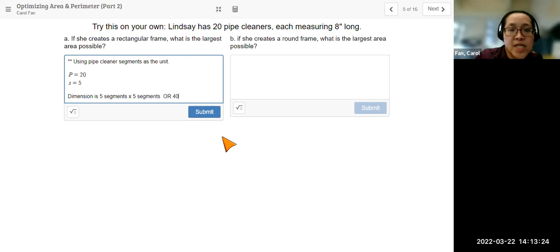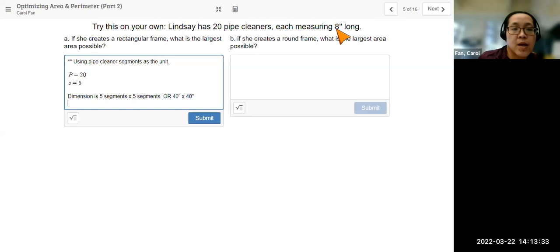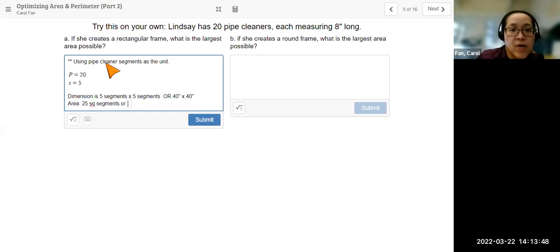Or we could say this is 40 inches by 40 inches because we know that each segment is 8 inches long. So our area now is 25 segments squared, or square segments. Or we could say 1,600 square inches.